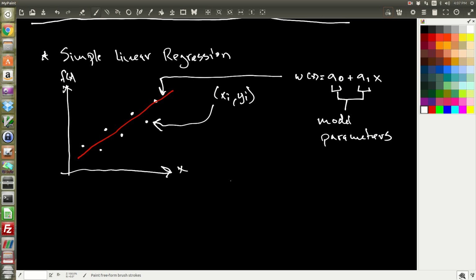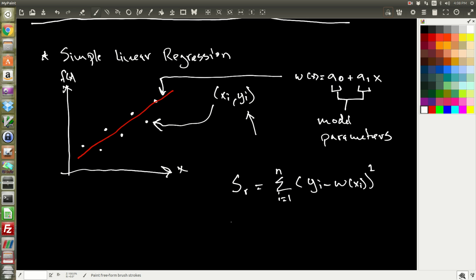So what we did was we defined the sum squared error. Sum squared error was equal to the summation over all our data points from i equals 1 to n, where we've got n data points of our actual data, yi, that's this data right here, minus w at xi, squared.